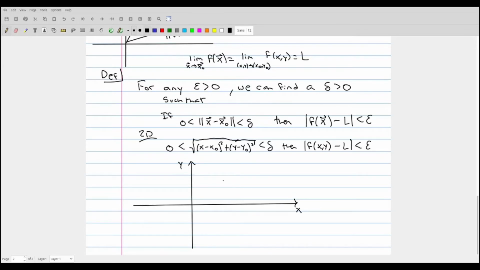Specifically, this is saying that at any point x naught, with the x naught coordinate here and the y coordinate here as y naught, for any value of epsilon, no matter how small you want to make it, you can find a region around the point x naught, sometimes called a delta region.